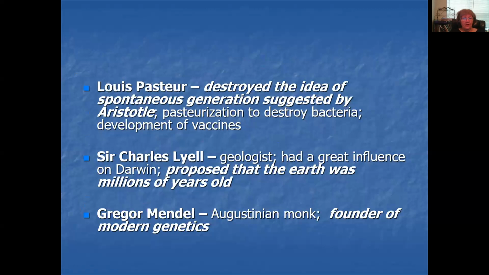All right, Gregor Mendel, he was an Augustinian monk, and he came up with the idea of genetics. Mendel liked to plant things. He liked to grow stuff, and he had pea plants that he would grow. He noticed that sometimes he had plants that didn't look anything like the other plants.